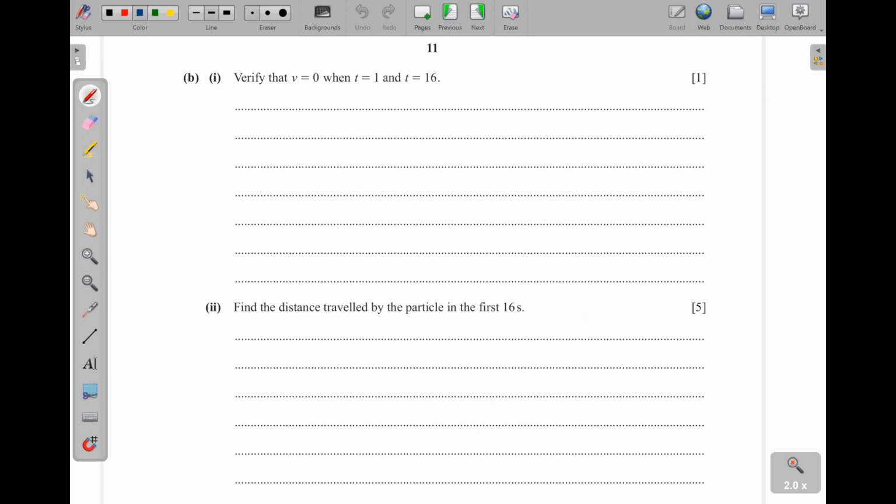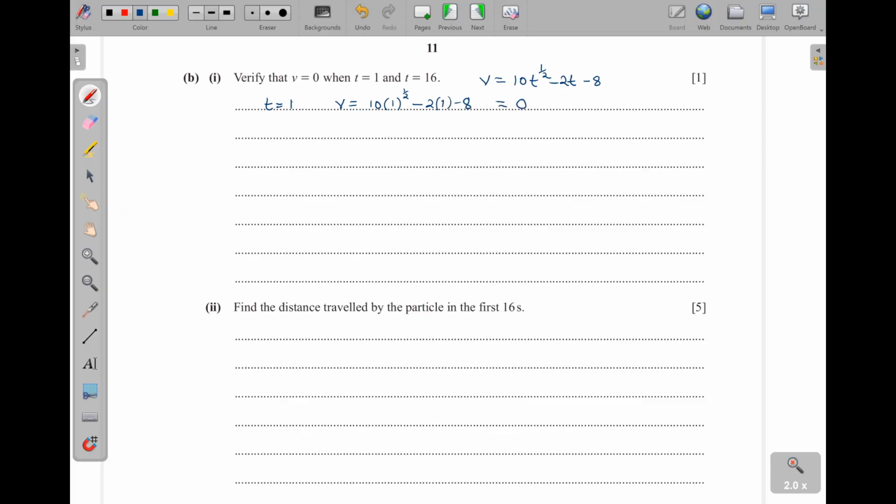Part B, Roman 1, verify that v is equal to 0 when t is equal to 1 and t is equal to 16. Now, for t is equal to 1, what is the expression for velocity? The expression for velocity is k, which is 10, then t power half, minus 2t, minus 8. Now, what is our velocity? 10, then we put 1, of course that will be 10 here, then minus 2 times 1, minus 8.